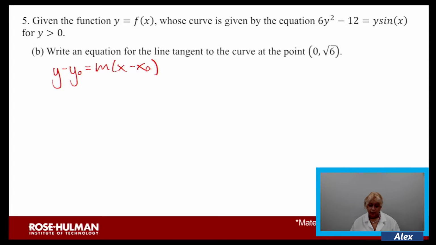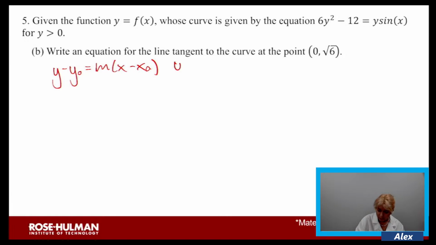We're using point slope form, I believe is the name for this one, because they give you a point and you can find the slope by deriving that equation and finding what the slope would be at this point as well. So this is just the easiest way to do it. You can also do it in slope-intercept form or standard form or anything like that, but this is the one that will give you the equation for a line with the least amount of steps.